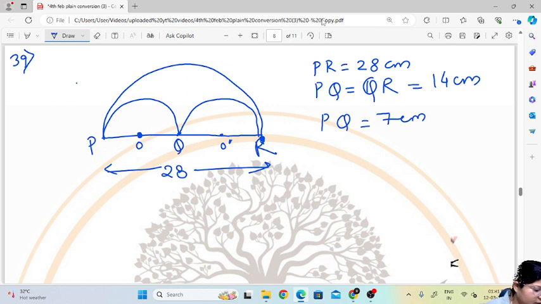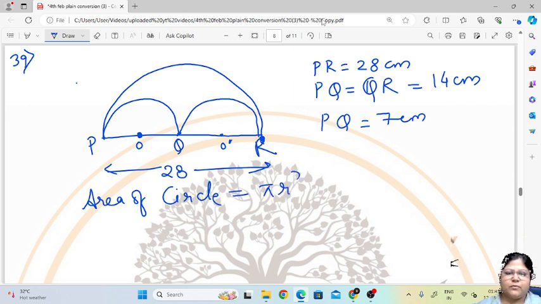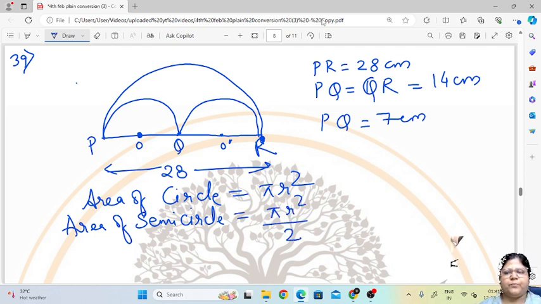Okay, now coming to finding the area of the shaded portion. So first we'll write the formula. Area of circle is how much? Pi r square. For the semicircle, it is just half of the circle. Area of semicircle, pi r square divided by 2.